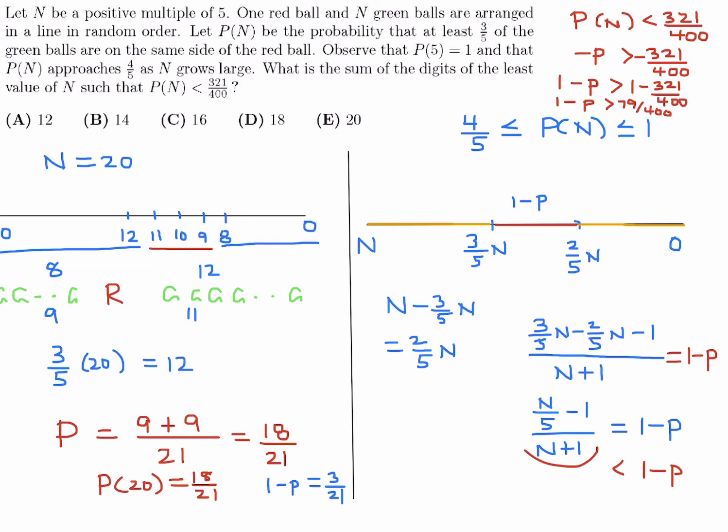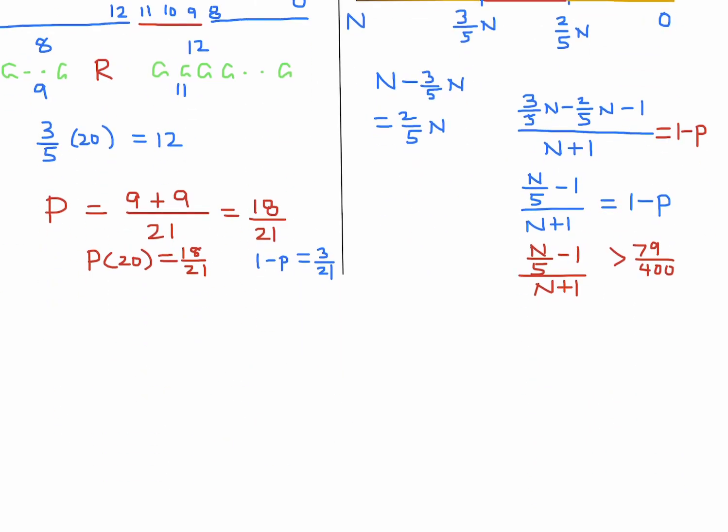So since this is equal to 1 minus p, that's got to be greater than 79 over 400. Got to make sure I get those numbers right. So this is n over 5 minus 1 over n plus 1. All right, let's cross multiply this. 79n plus 79, and on this side we'll get 80n minus 400.